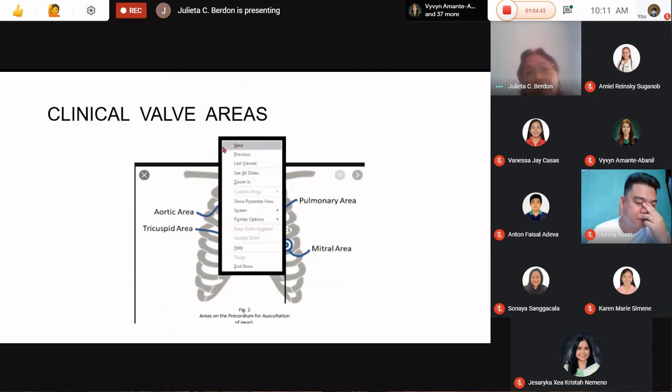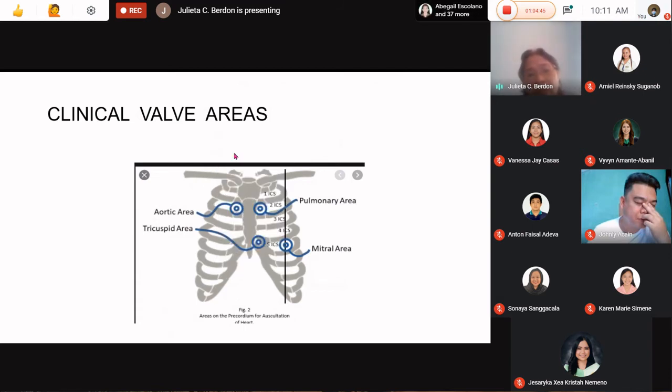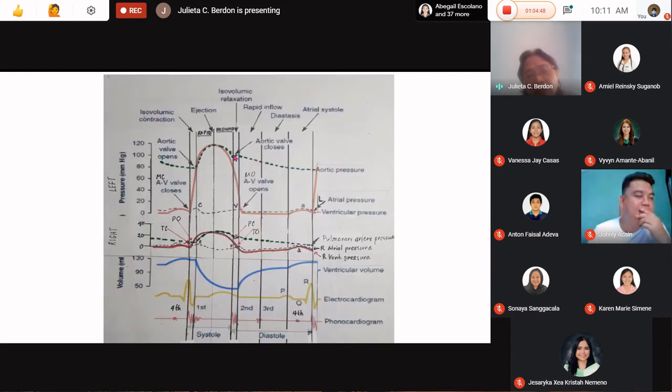Okay, until you get the V wave, which is the maximum pressure of your atrium. And then your atrial pressure will now be greater than ventricular pressure, so your mitral valve will open. So, atrial pressure is increasing while ventricular pressure is decreasing.